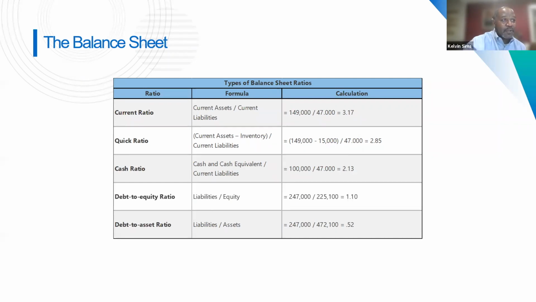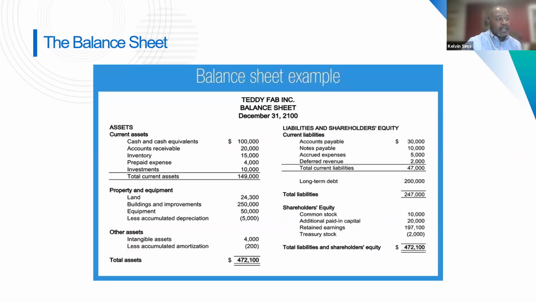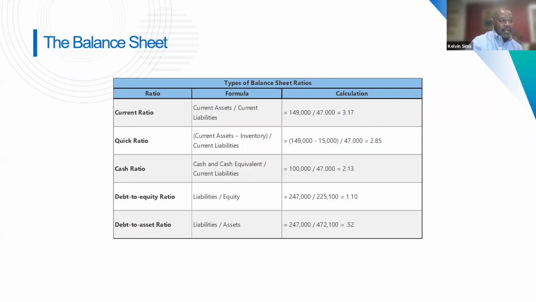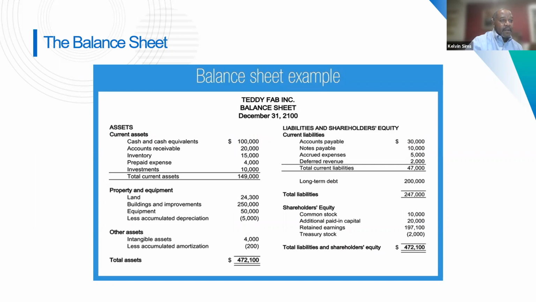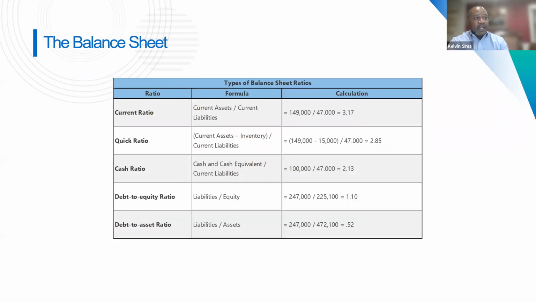So using that example again, I'm going to jump back so you can see the current assets in our number. It's the 149. Our current liabilities is the 47,000. And that's over to the right. Sorry for jumping back and forth. So you look at that. My assets versus my current liabilities is a 3.17, or 317%.